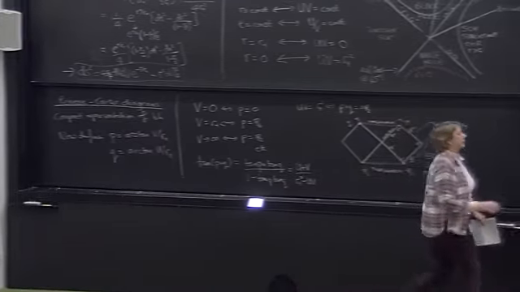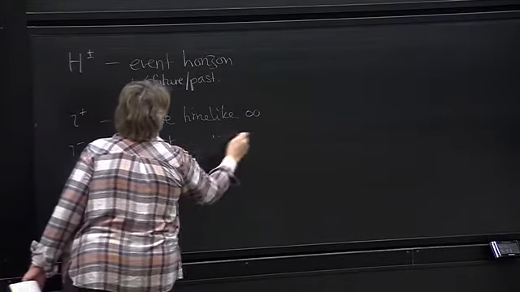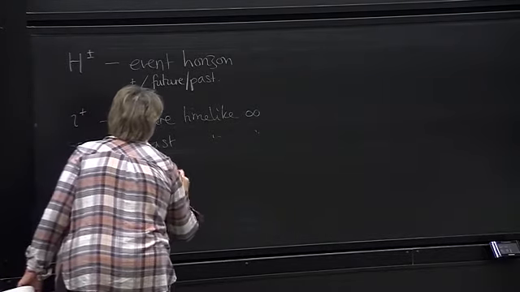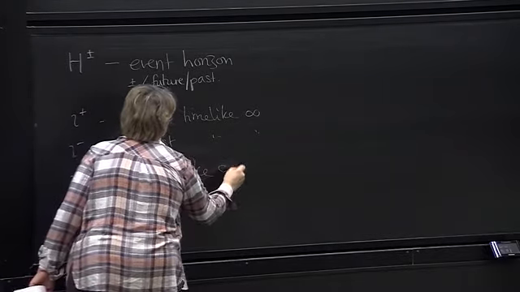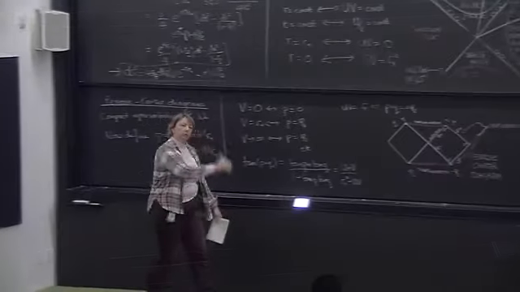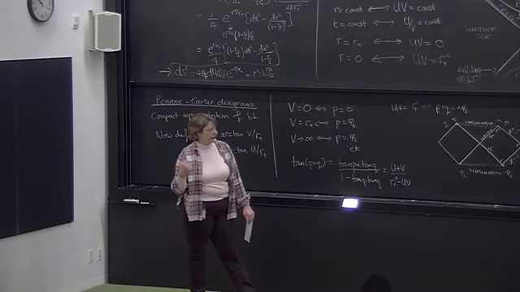I minus is therefore its inverse, and I zero is space-like infinity. So space-like infinity is where you get if you go away from the black hole on a spatial geodesic.